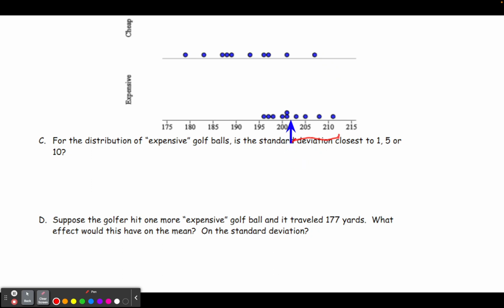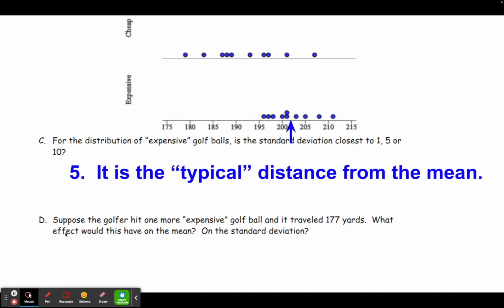And this is from about 202 to about 212, which is about 10 maybe. And so if we cut that in half and say that that's about the typical distance or the average distance, that would give us a deviation of about 5. So we can say in this case that our standard deviation is probably going to be closest to 5 because that's a typical distance from the mean. It's not the biggest, it's not the smallest, it's right in between.